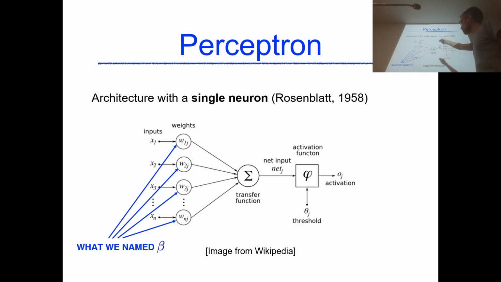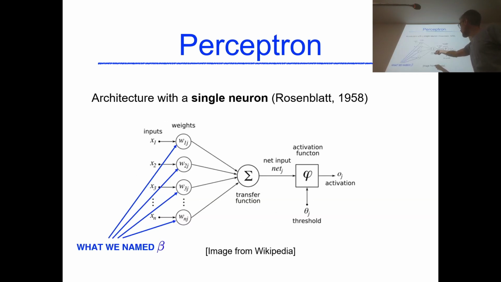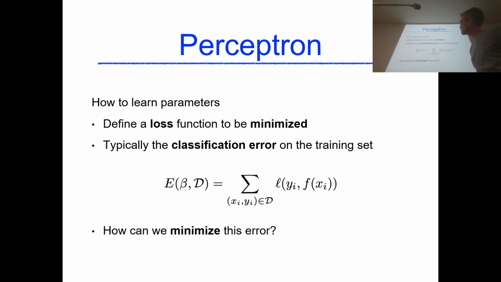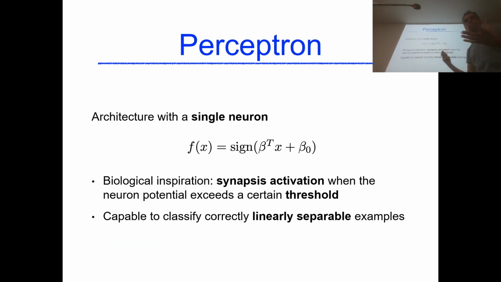If the summation of all these weighted inputs is above a certain threshold, you give an output. Okay? So, in this function, what we name beta are actually these weights. Okay, nice. This is more or less the architecture of our model, the shape of the function we want to learn.